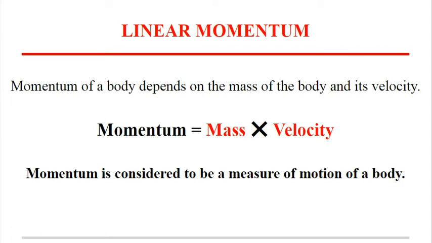Momentum, or in particular linear momentum for the bodies moving in a straight line, is a physical quantity possessed by any moving body, and mathematically it is equal to mass of the body, which is the inertial mass of the body, multiplied by its velocity. And this momentum is considered to be a measure of motion of a body.